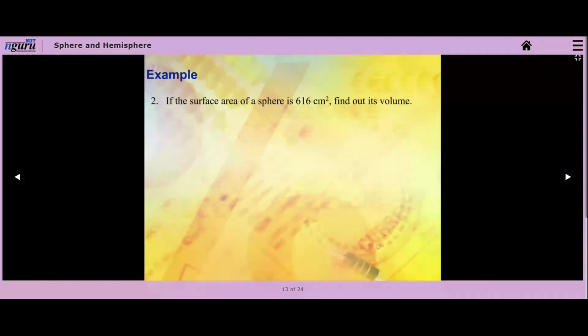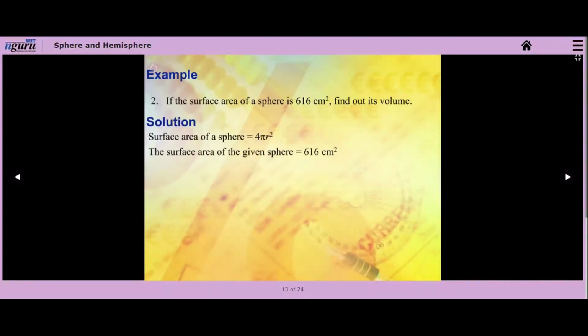Okay. Find out its volume. We know that the surface area of a sphere is equal to 4 pi r square. The surface area of the given sphere is 616 square centimeters. This implies that 4 pi r square equal to 616. On solving the above equation, we get r square equal to 49.